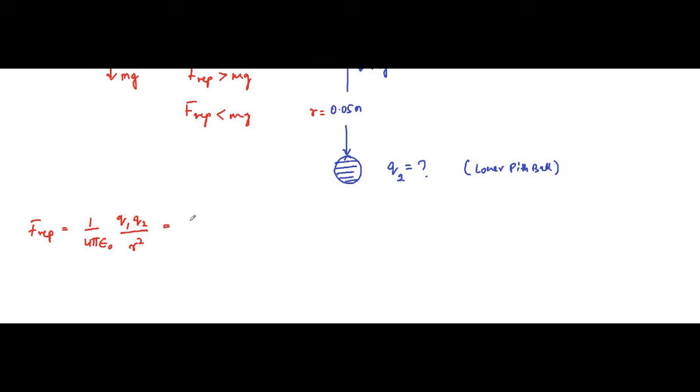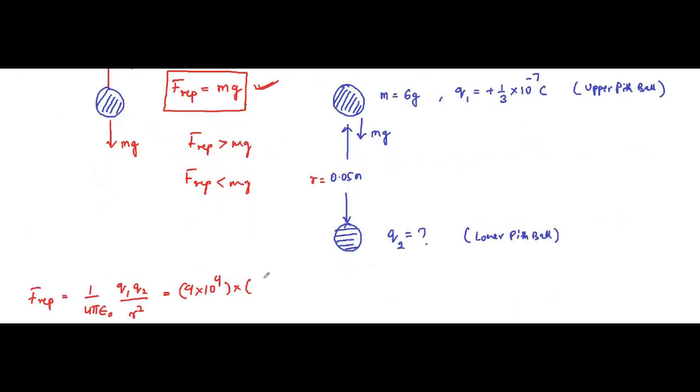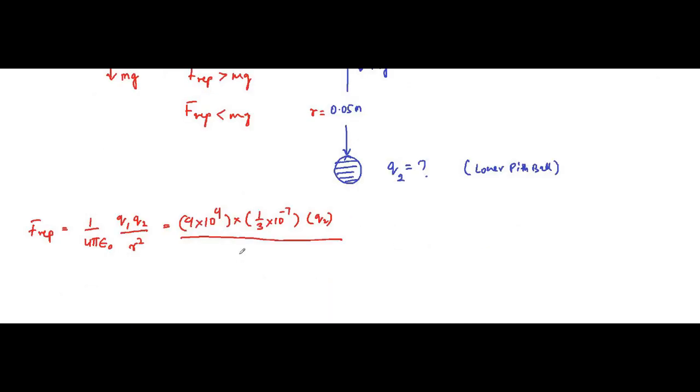So that is equal to 9 into 10 to the power 9 into 1/3 into 10 to the power minus 7 Coulomb into q2 by 0.05 whole square.